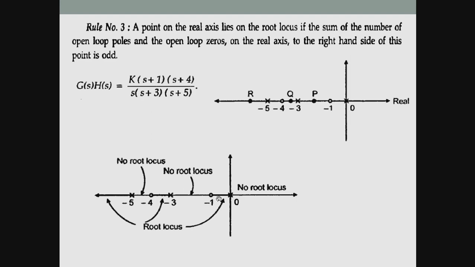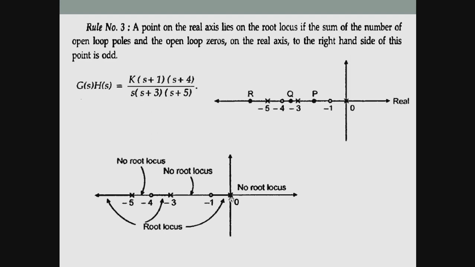If I want to understand this gap, minus 1 to 0, I keep a point here and look at the right hand side: how many poles and zeros are there, adding poles and zeros. If the number is odd, then we say that it is lying on the root locus.